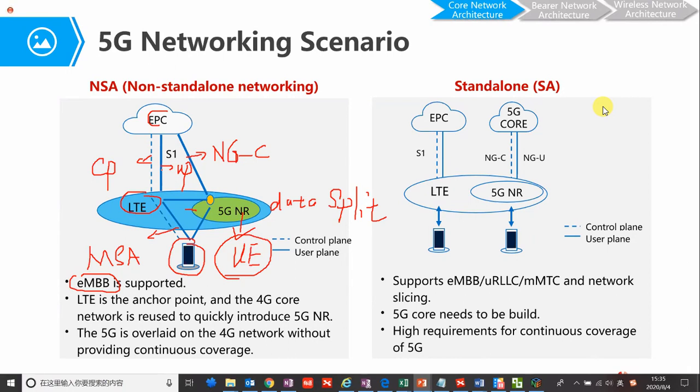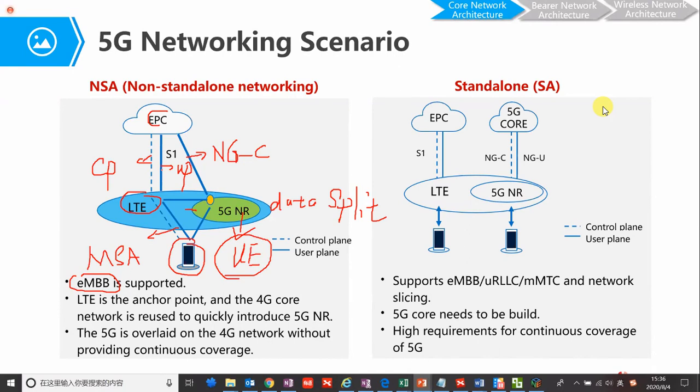This is for continuous coverage because in non-standalone 5G, base stations would not be available everywhere. All terminals in this case should be embedded with 5G and LTE transceivers, and this can provide dual connectivity between 5G and LTE.